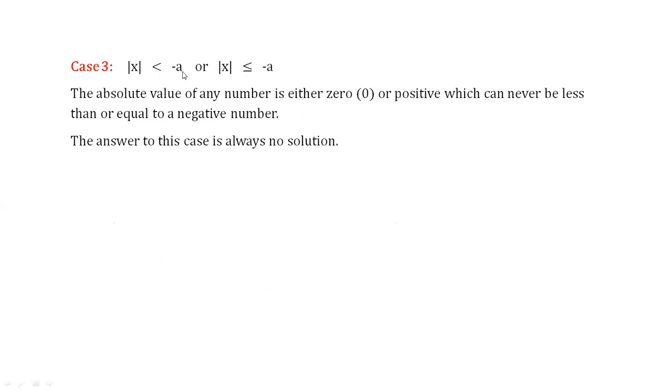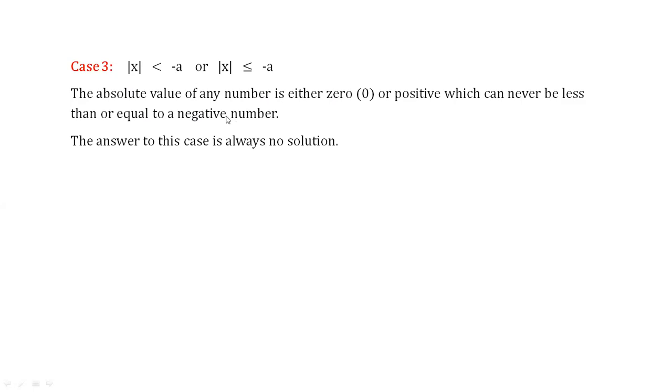If a is a negative number, what are the possibilities? The absolute value of any number is either 0 or positive, which can never be less than or equal to a negative number.